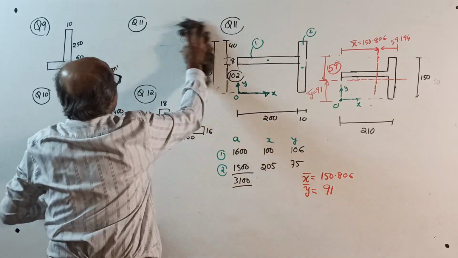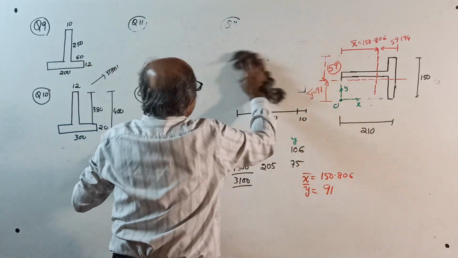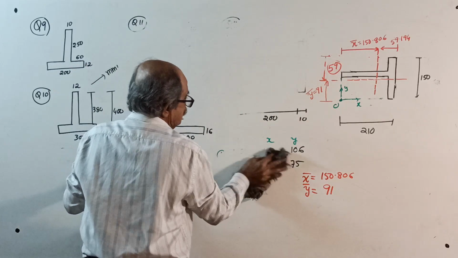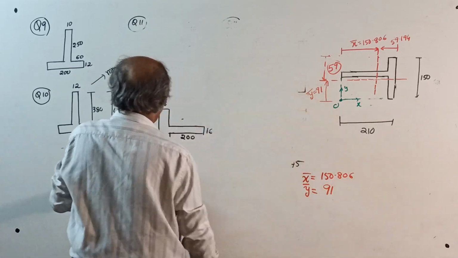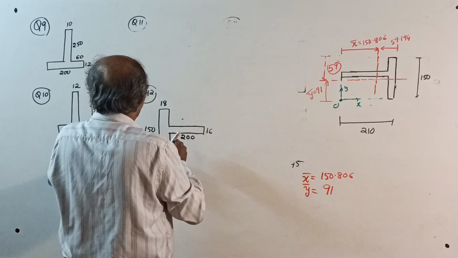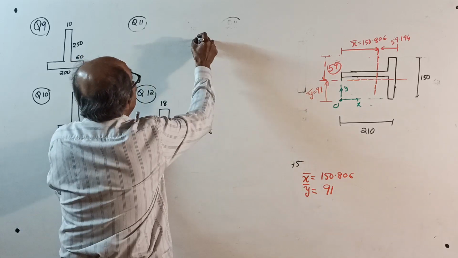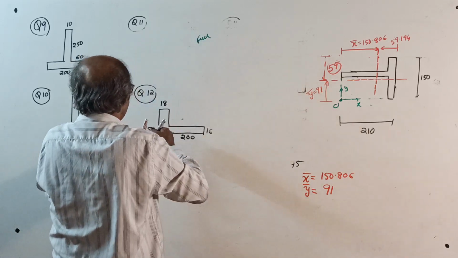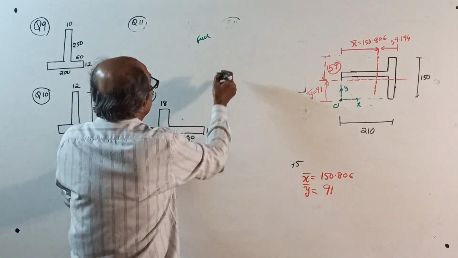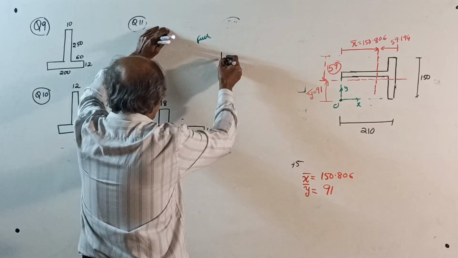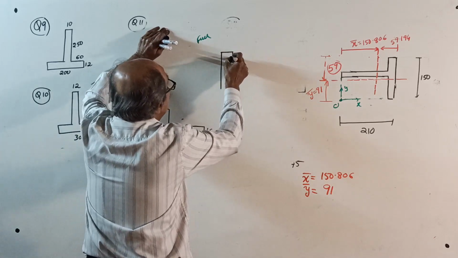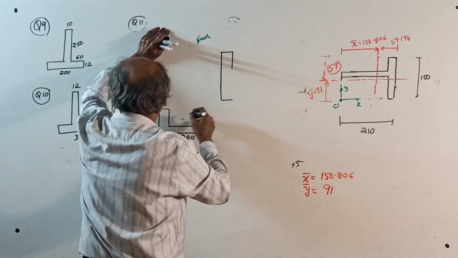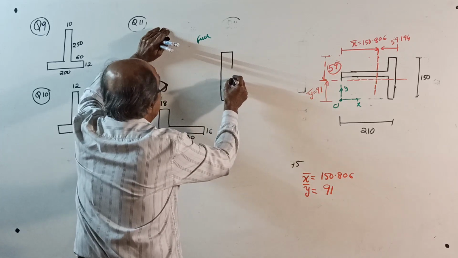Now, question number 12, I will not give any hint, direct answer, because there is nothing here. Once again, see here, question number 12, you work it out. It is fully for you. I will not tell anything about the origin. You decide from where you want to take x bar. 150, thickness 18.